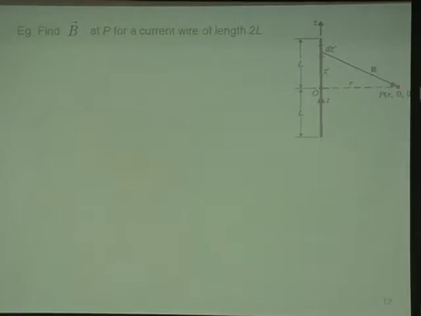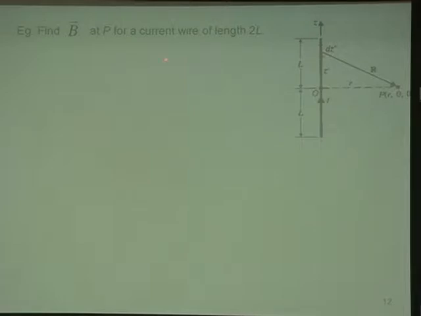You cannot use Ampere's law to do this calculation because the termination of the wire breaks the symmetry. So the magnetic field here and here, even given the same R, is going to be different because of the termination of the current.